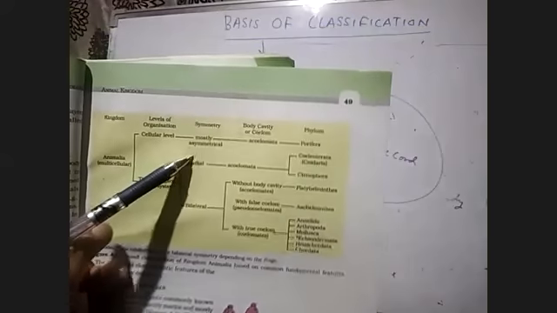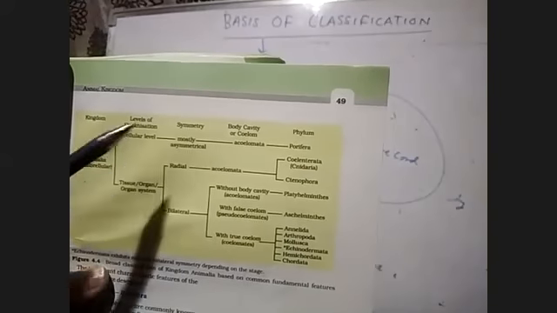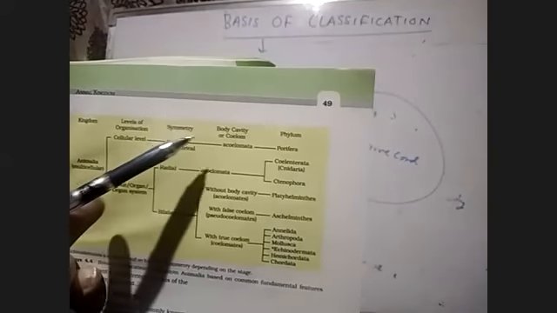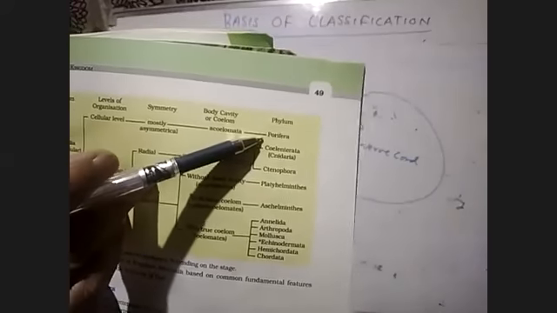Symmetry will be mostly asymmetrical at the cellular level of organization, and the body cavity or coelom is absent, acoelomate. The phylum which are acoelomate, asymmetrical, with cellular level of organization are the poriferans, just like the sponges.